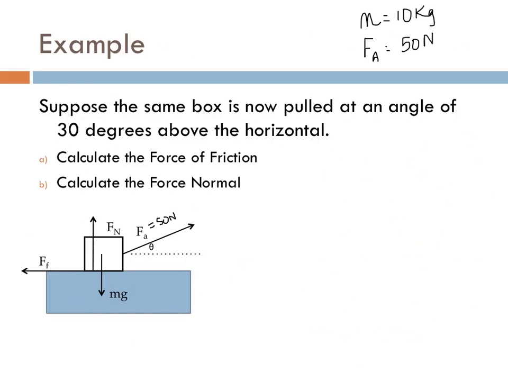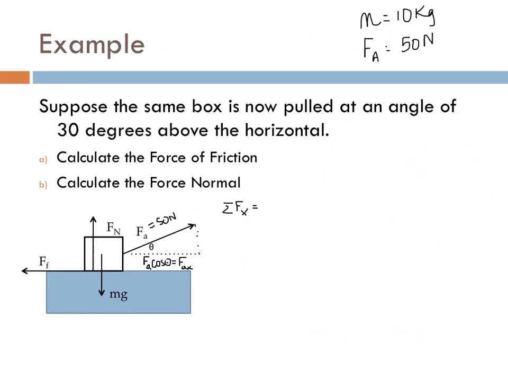So to write the sum of the forces in both directions, I want to look at my forces in the x direction. Well, here, if I have a force that's at an angle, then I want to write this as my force applied times the cosine of theta. And this is my force applied in the x direction.